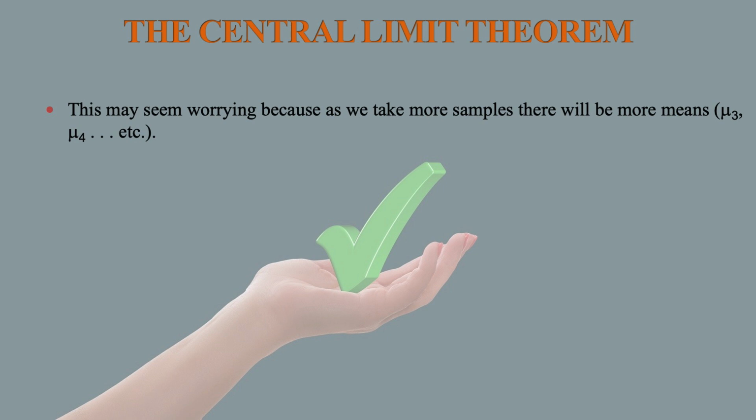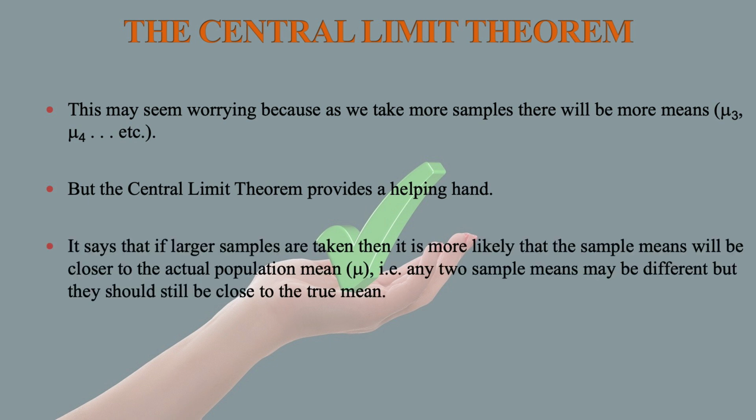This may seem worrying because as we take more samples, there will be more means like mu3, mu4 and so on. But the central limit theorem provides a helping hand. It says that if larger samples are taken, then it is more likely that the sample means will be closer to the actual population mean, that is mu.